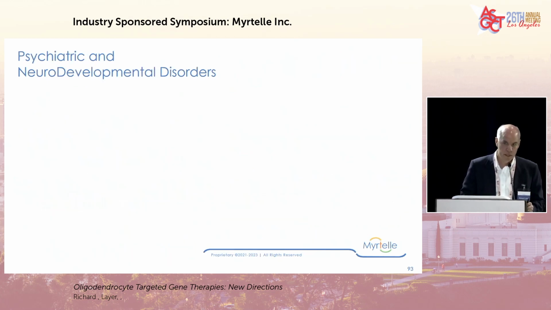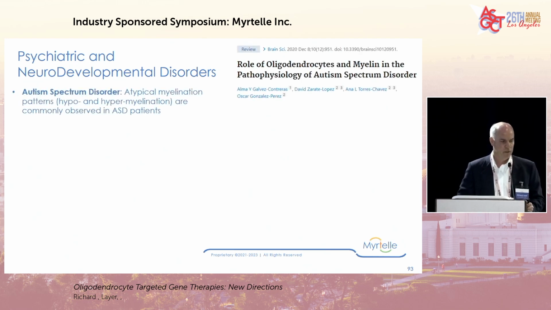Growing evidence implicates oligodendrocyte dysfunction in neurodevelopmental and psychiatric disorders. For example, autism spectrum disorder is often considered a disorder of neural connectivity, but neuroimaging studies show atypical myelination patterns, both reduced and increased white matter density in various brain regions from autistic patients.